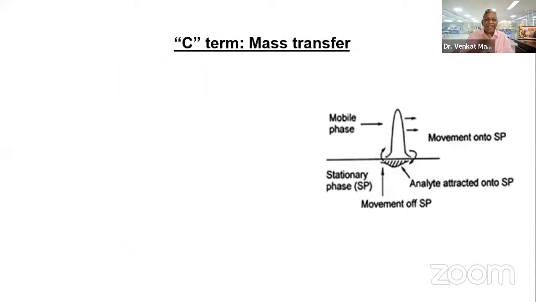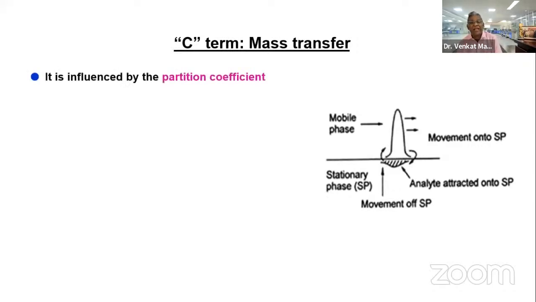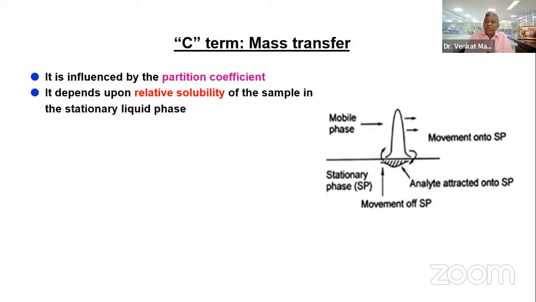Fantastic. Three, mass transfer. What do you mean by mass transfer? It depends upon how your mobile phase is able to dislodge your analyte from the stationary phase, the partition coefficient. It also depends to what extent the components in your sample are able to get solubilized in the liquid phase, the relative solubility.